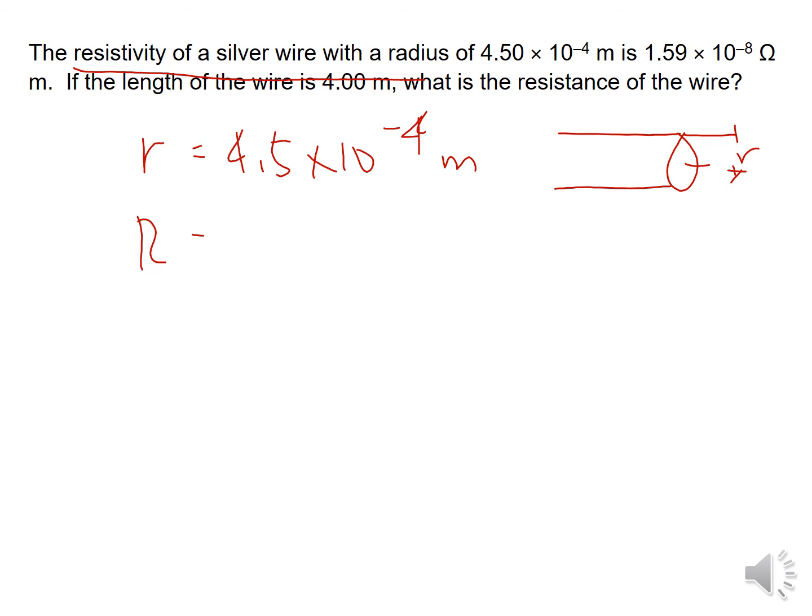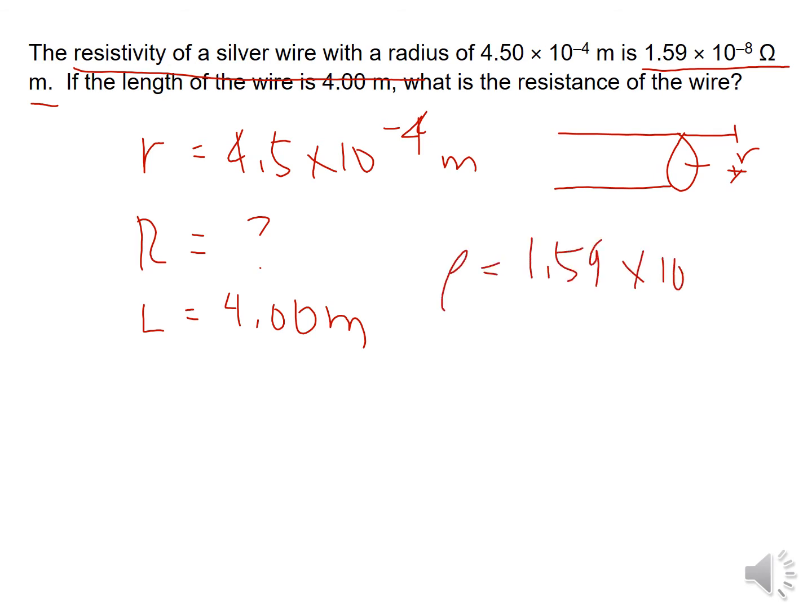So resistance is unknown. That's the question in the problem. We have the length of the wire, 4.00 meters, and then we have here 1.59 times 10 to the negative 8 ohm meter. So this is the value of the resistivity.